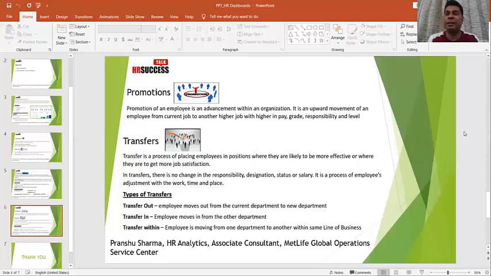To give you an example, let's say the line of business is HR and the employee is currently working as a recruiter, and there is a requirement in compensation and benefits. The LOB, line of business, remains the same as HR, and it will be considered a transfer within, from HR recruiter to HR C&B.